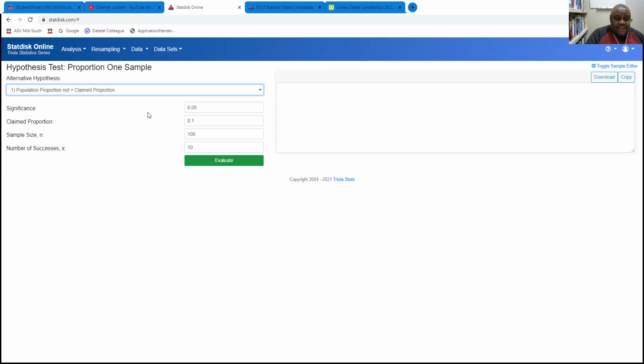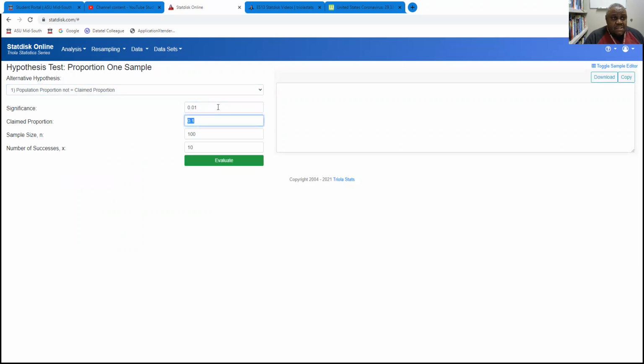Now, for the significance level, the default is 0.05. In the problem that I read to you for sample problem number 1, we're to use a 0.01 significance level. So we need to change that to 0.01 as our significance level.